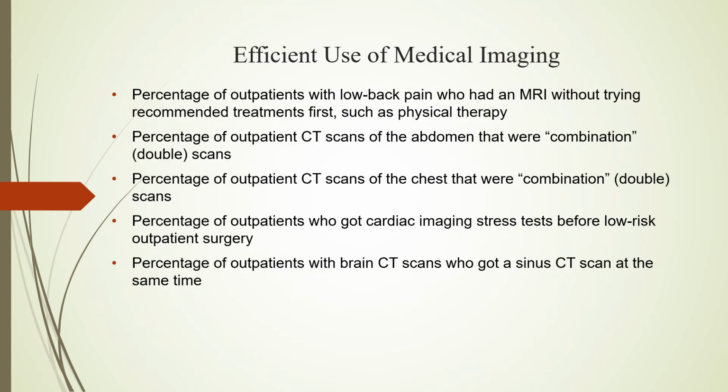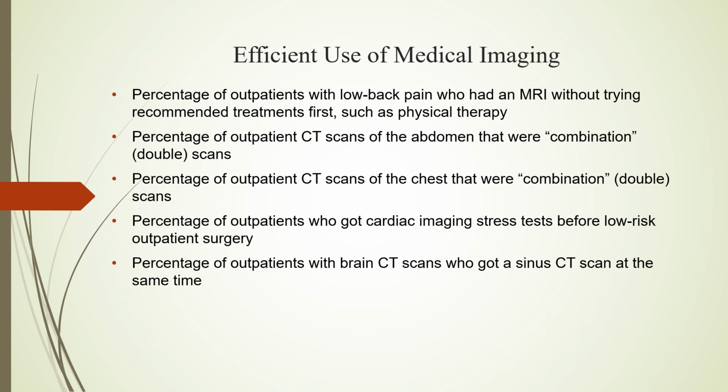Next category is efficient use of medical imaging. The measures are the percentage of outpatients with low back pain who had an MRI without trying recommended treatments first, such as physical therapy. Percentage of outpatient CT scans of the abdomen that were combination scans.